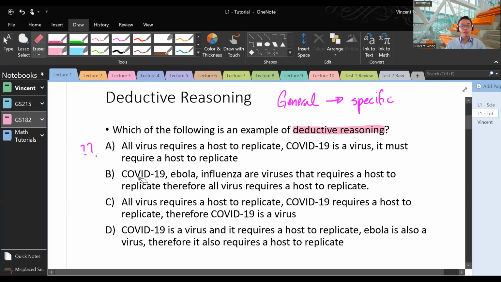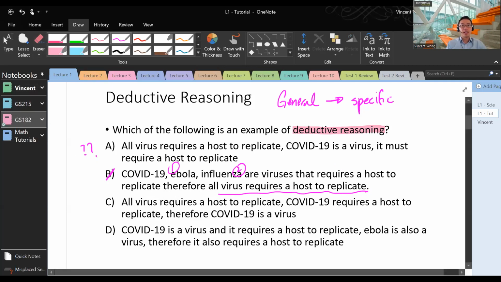COVID-19, Ebola, influenza are viruses that require a host to replicate. Therefore, all viruses require a host to replicate. So this is example 1, example 2, right? And then you make a generalization. So this is actually induction, going from many examples to a broad statement.